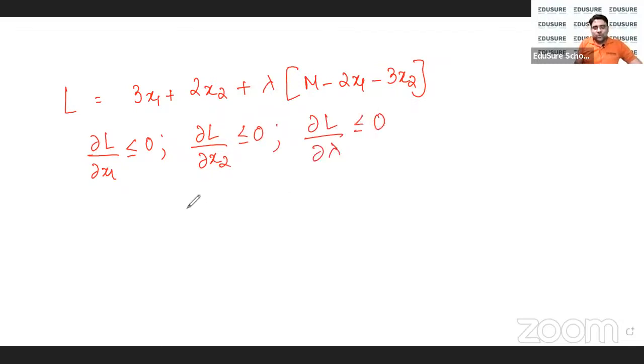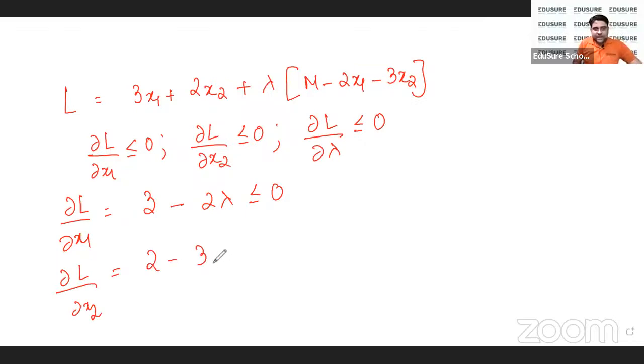So what will I do here? Del L del x1: 3 minus 2 lambda. Del L del x2: 2 minus 3 lambda.